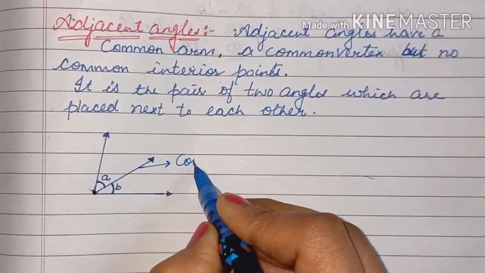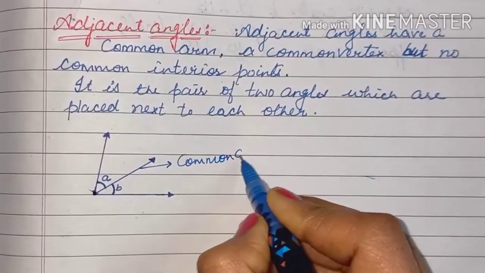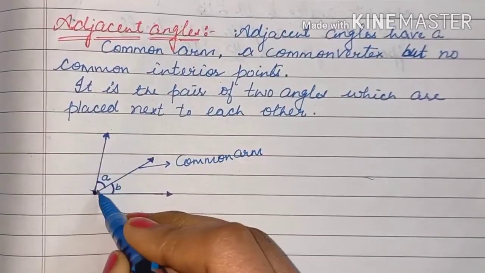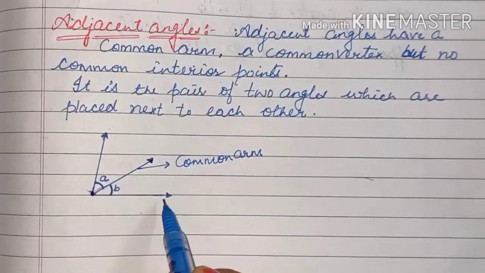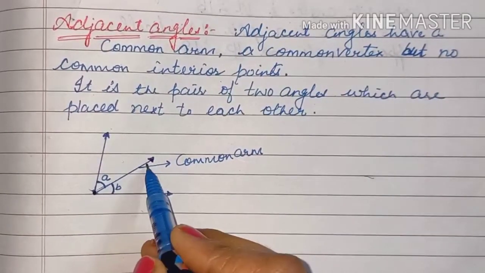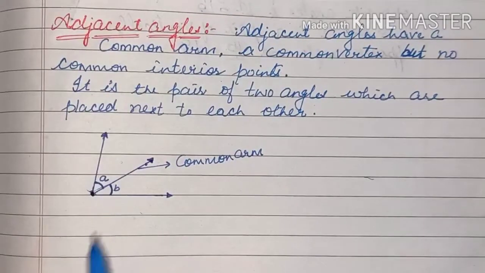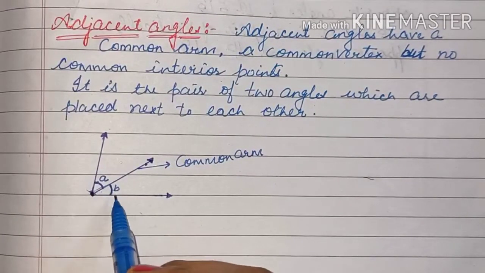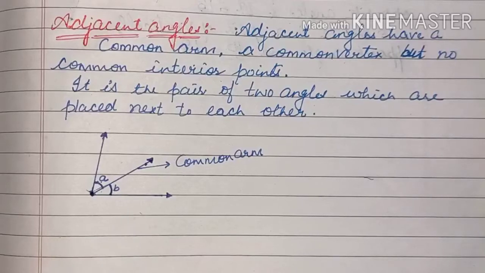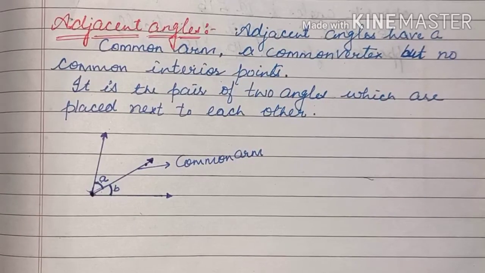This is the common arm of both angles. For angle A this is the arm, and for angle B also this is the arm. So it is known as the common arm, and this is the common vertex. And these are placed next to each other, so these are known as adjacent angles.